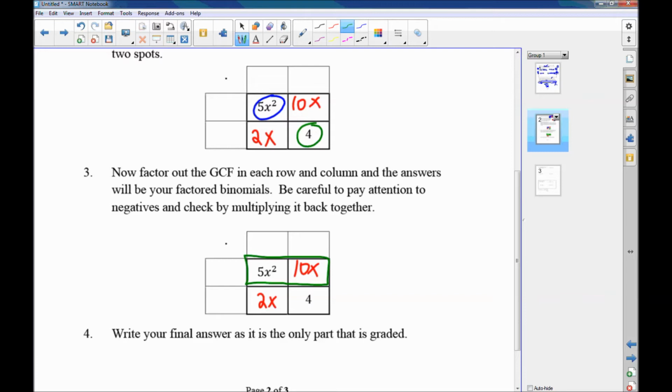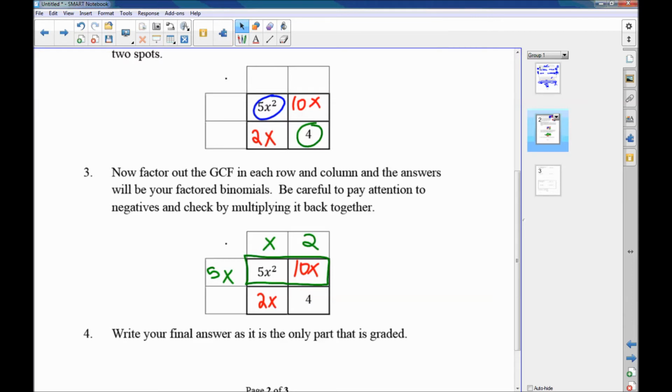The GCF is 5x. And then we go, okay, well, 5x times what would have made 5x squared? Well, that's going to be x. So that first entries had to be 5x and x. All right, now to get the next one, we'd say 5x times what would make 10x? Well, that's going to be 2.